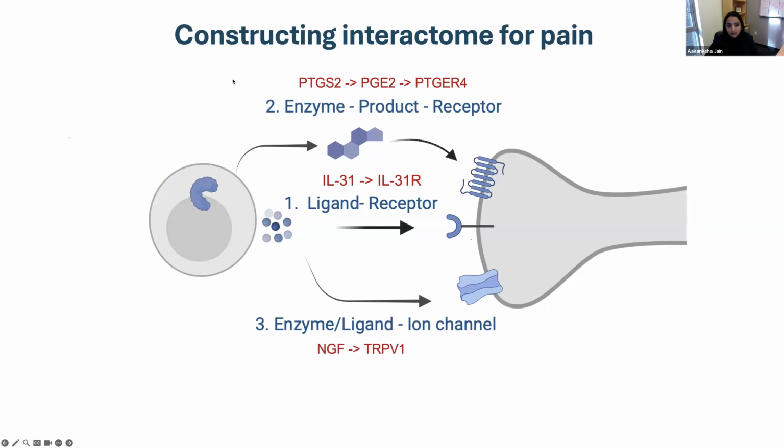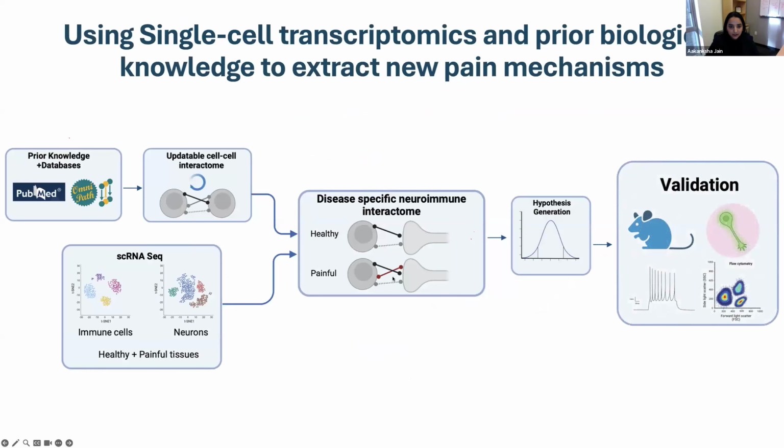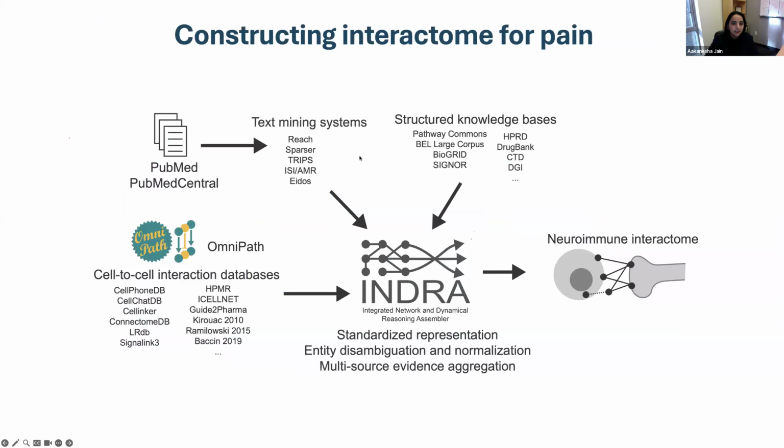To make this cell type interactome, I'm just going to summarize a lot of the work. We used prior databases that exist. For example, Omnipath, which consists of many databases like CellPhoneDB and CellChatDB that you might have used. These are high quality receptor ligand interactomes, but as I mentioned, we also were interested in finding new interactions or non-classical interactions.